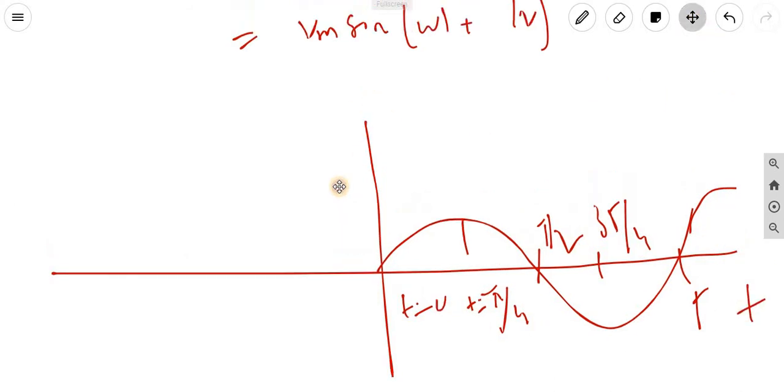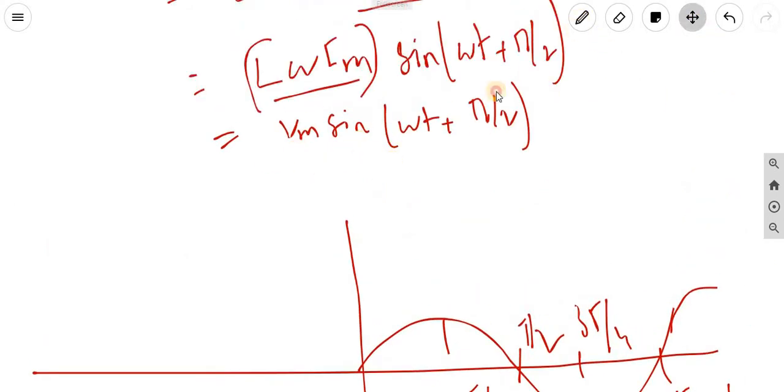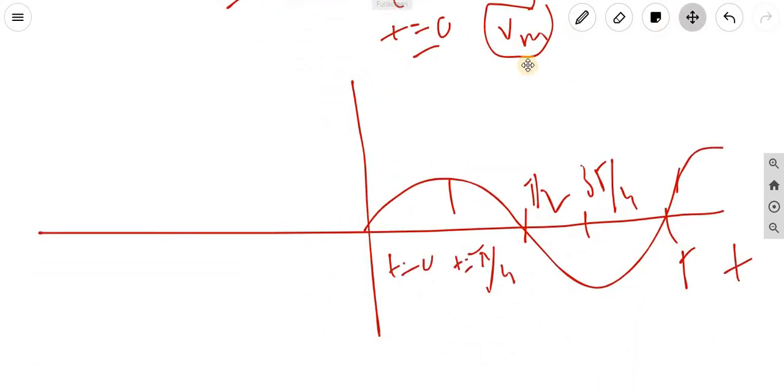But for the voltage across the inductor at t equal to 0, how much would it be? Sin of omega t at t equal to 0 gives Vm, that means maximum. So at the t equal to 0 instant it is at the maximum position.